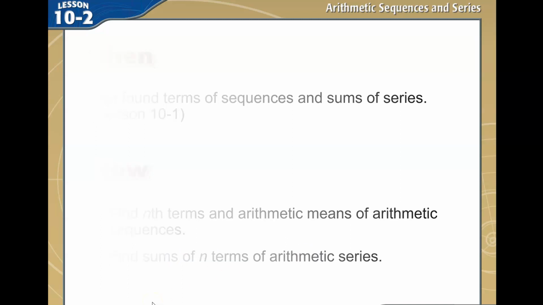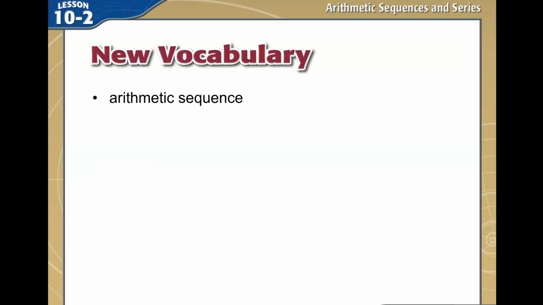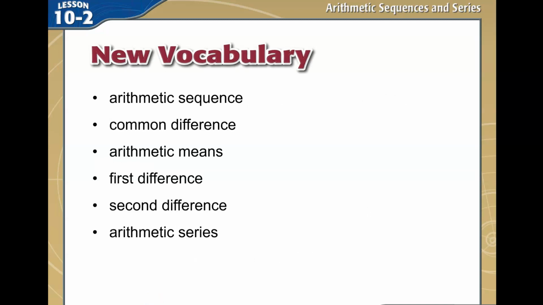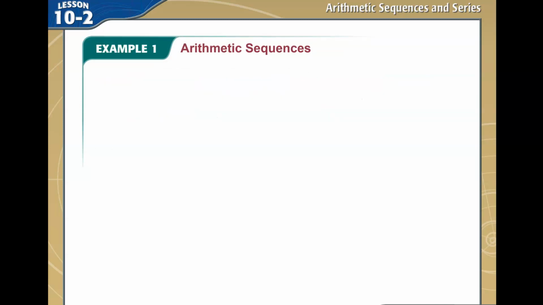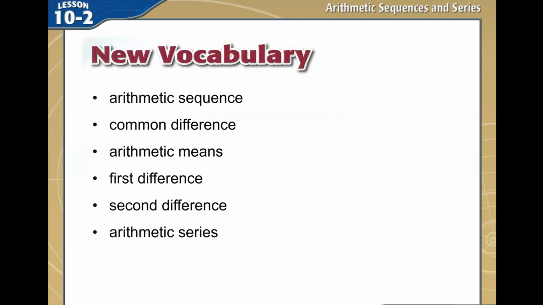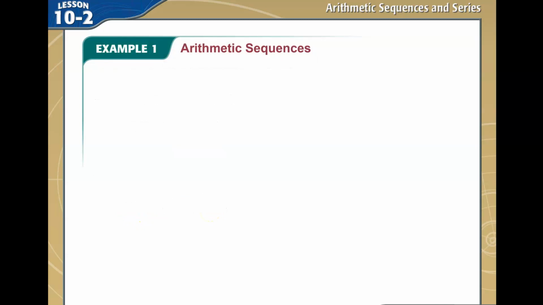Now, some vocabulary: arithmetic sequences, common difference, the first difference. These are the most important ones. The new things, common difference, first difference and second difference, you will see in detail later.